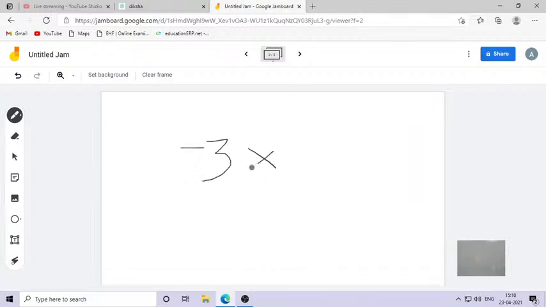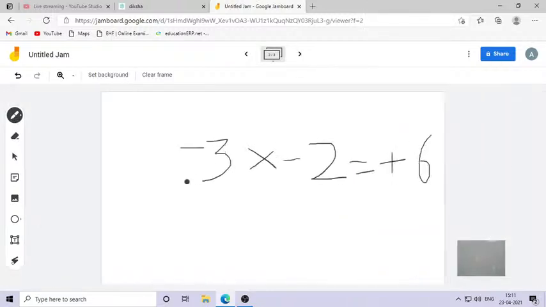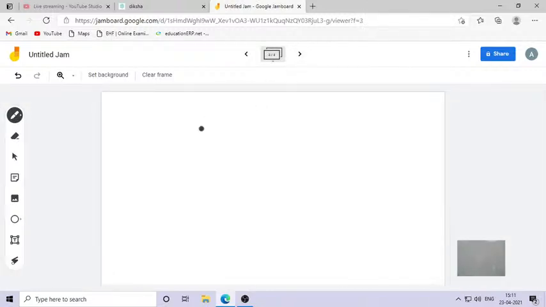Minus 3 multiplied by minus 2 becomes plus 6. So in the same manner, we saw that if we see minus 1 multiplied by minus 1 becomes plus 1.